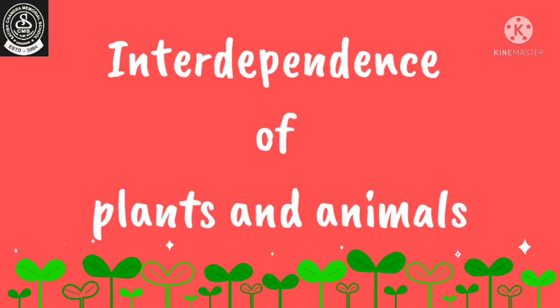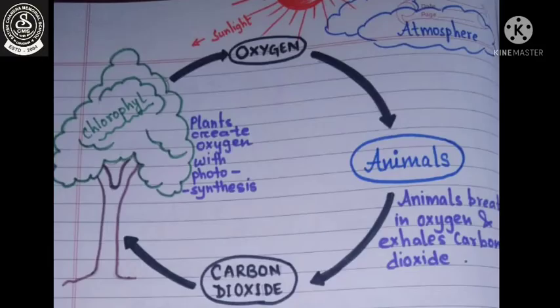Now, let's know in detail about interdependence of plants and animals. Here you can see I have drawn a diagram where there is a plant which creates oxygen when it does photosynthesis. Here you can see it is taking in carbon dioxide while it is preparing its food and releasing oxygen in the environment during this process.